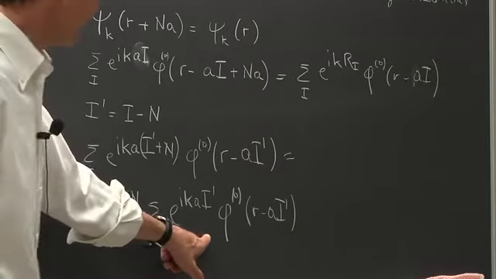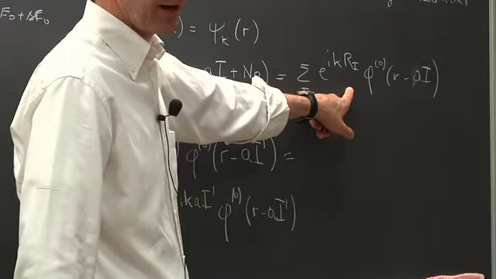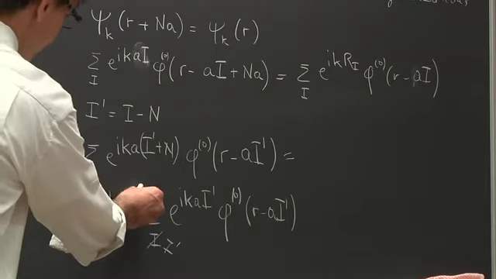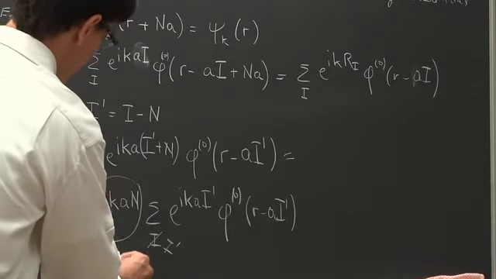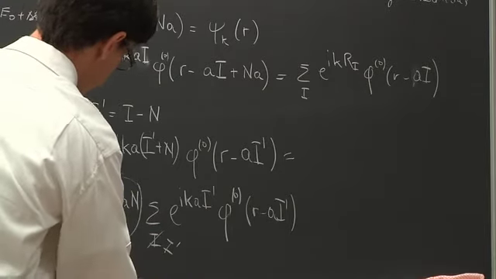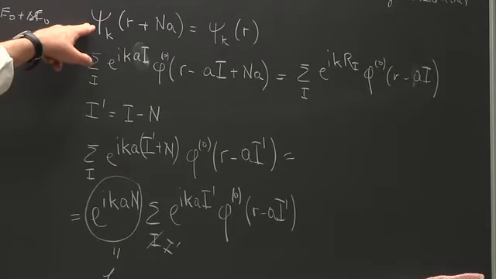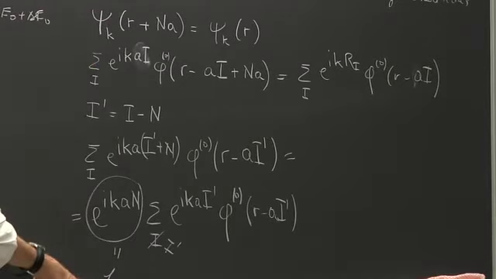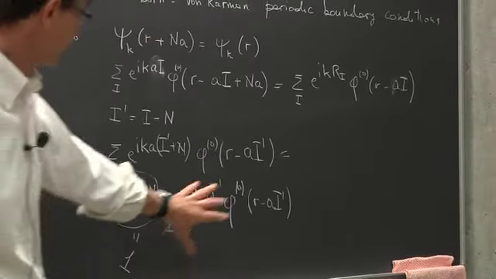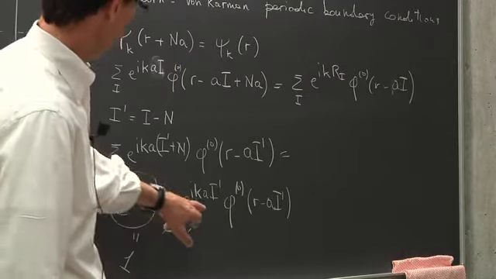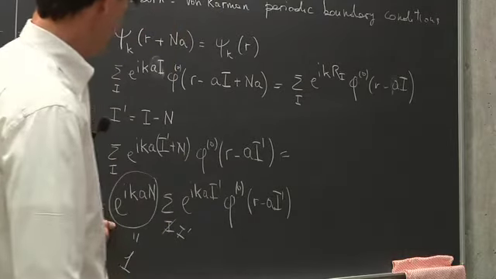But if I want these two quantities to be equal, this factor must be 1. If I want to impose this periodicity, this must be 1.